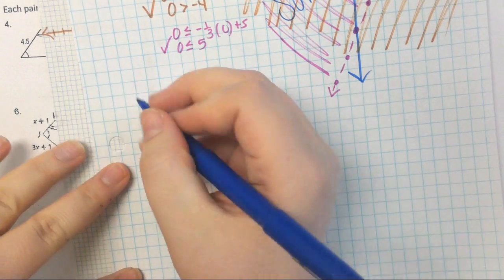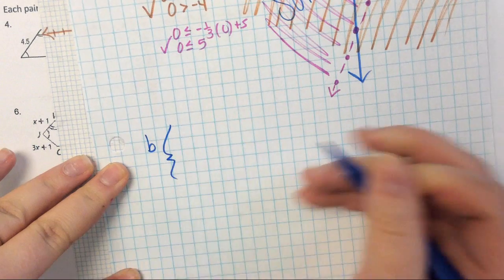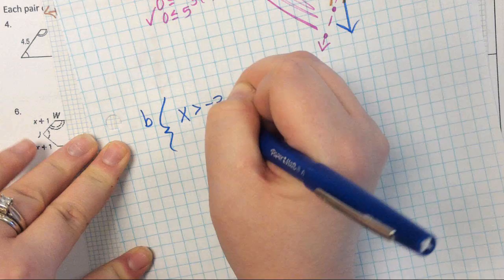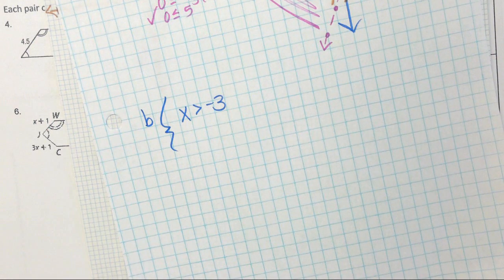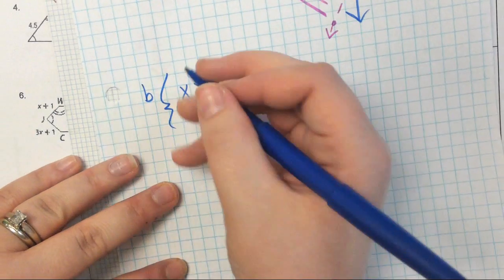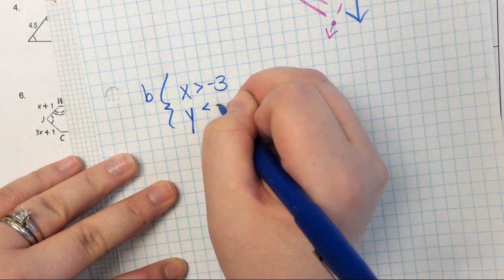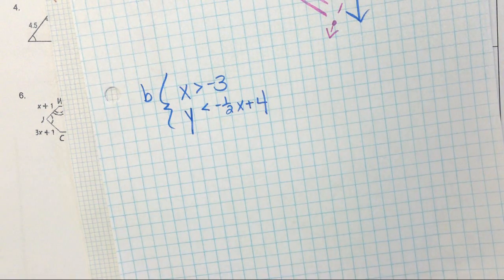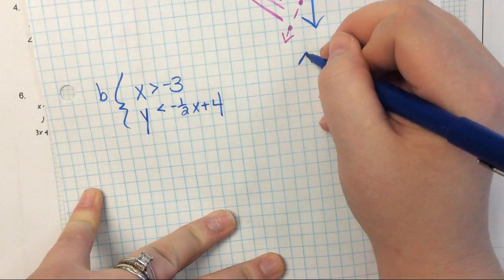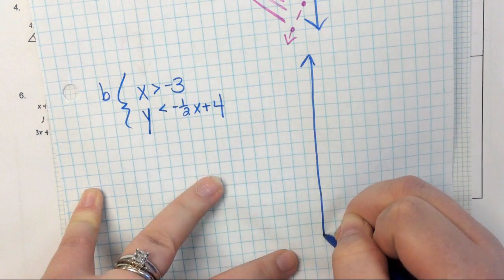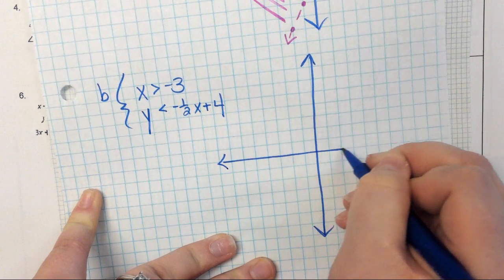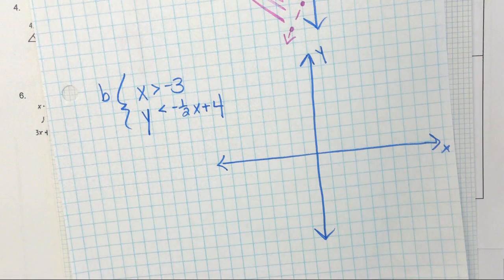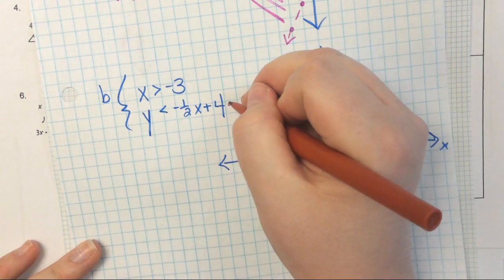So here is 1b. Our 2 equations are going to be x is greater than negative 3, because obviously we need to practice that again based on the stained glass questions I have. And then y is less than negative 1/2 x plus 4. Okay, I'm going to graph the bottom one already because I know everyone in the room can do that.